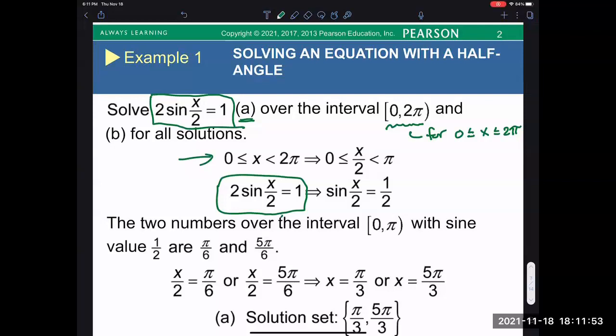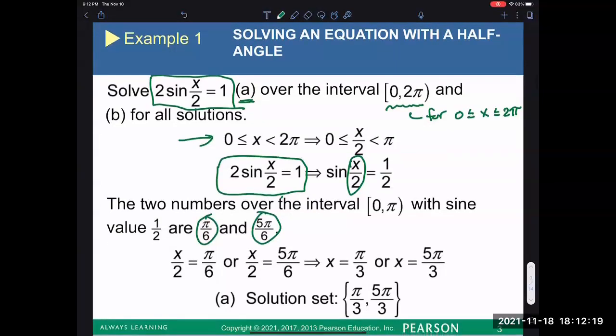As we want to solve that, we consider what angles x over 2 would give us 1/2 in the sine function. And as we now know, over the interval from 0 to pi, in quadrants 1 and 2, the place where you get the sine values of 1/2 are pi over 6 and 5 pi over 6.